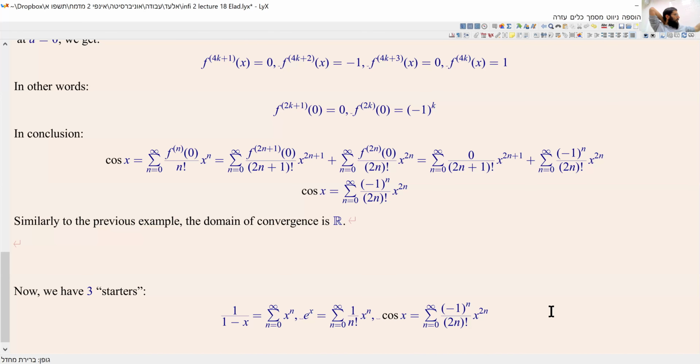We can use not only 1 above 1 minus x, but also e to the power of x and cosinus x.